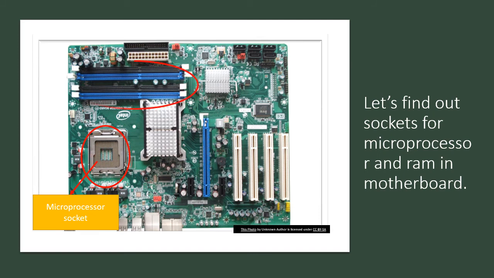And here we can see the RAM memory slot. We are placing RAM in these holders. So it's very clear that all the components are fixed inside the motherboard. All right? Yes. So we have learned all about the components fixed inside our cabinet or CPU. Now let's move on to the next topic.